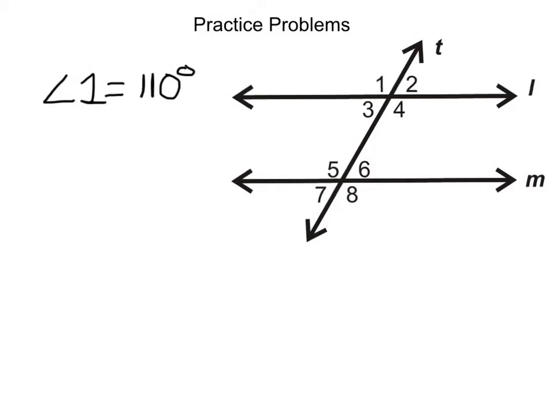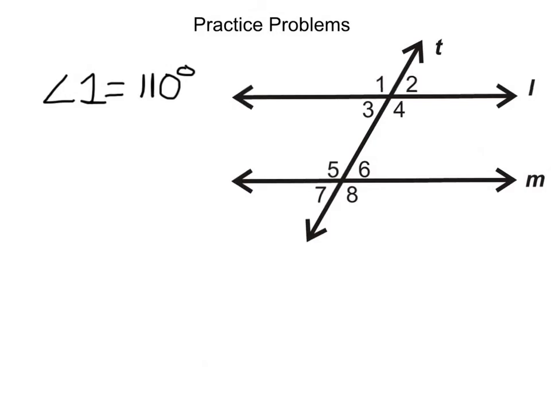What I want you guys to do is figure out all the measures of all the other angles that we have in this problem. Okay, and you just need to think about all the different relationships that we've discussed so far today. Think about supplementary angles, vertical angles, corresponding angles, alternate interior angles, all of those different things.